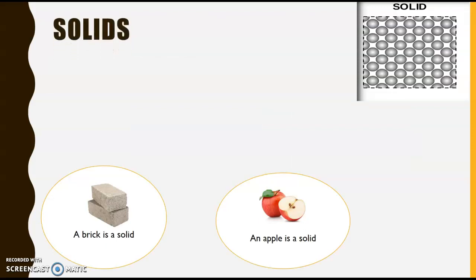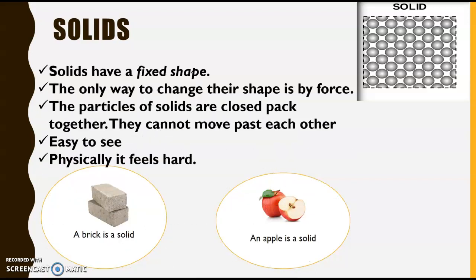Now let's look at solids. Let's look at their properties. Remember, properties are their characteristics or their uniqueness, or their description, basically. All solids have a fixed shape, just like these bricks over there.